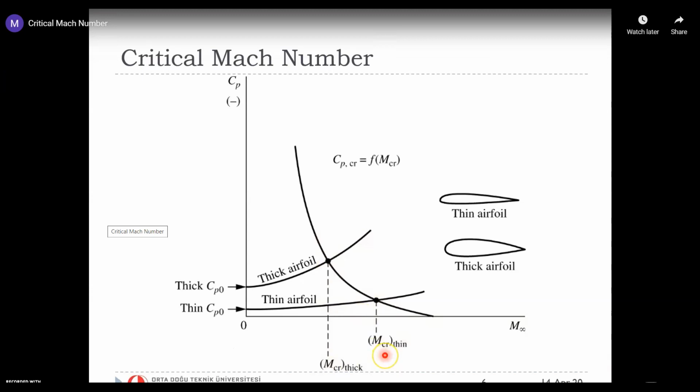That's right, because the behavior of the curve is the correction equation. The correction equation is just CP0 divided by square root of 1 minus M infinity squared. But the only thing that will be different in that equation will be the CP0 value. Yes? Okay, hocam, thank you. Good. Let's continue.